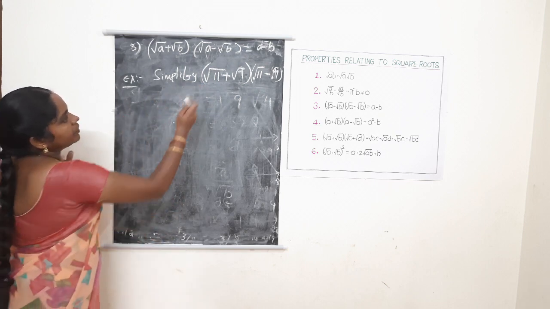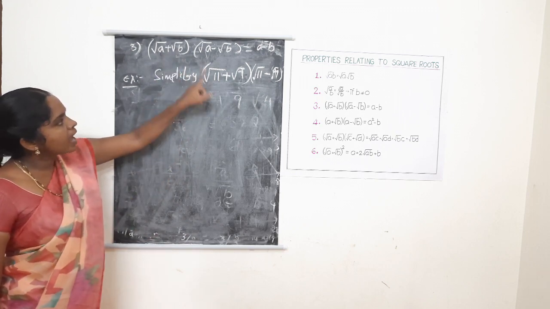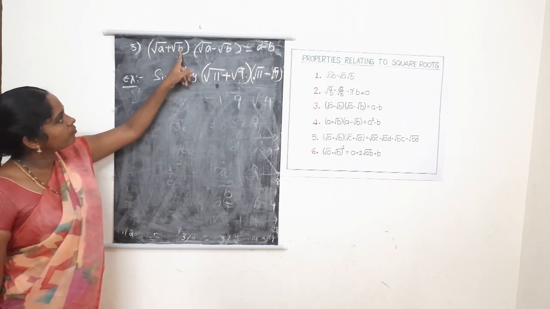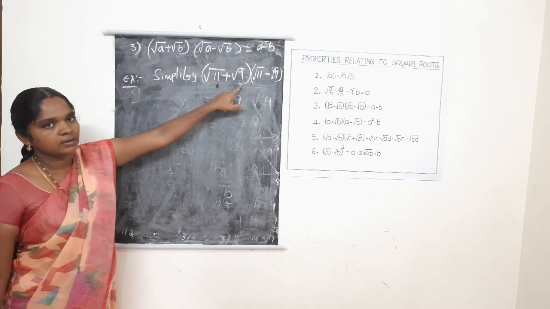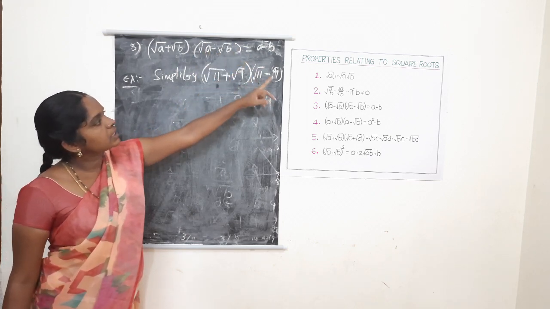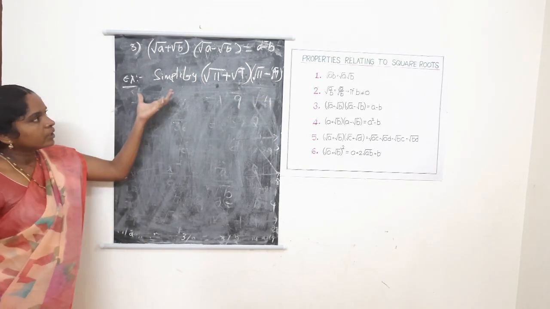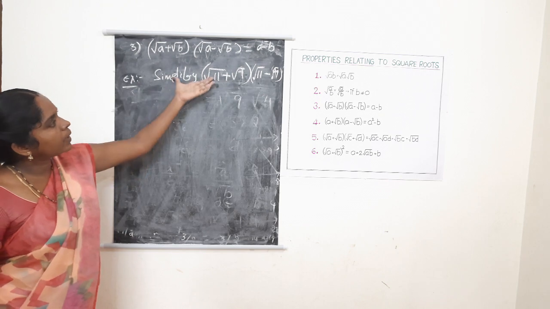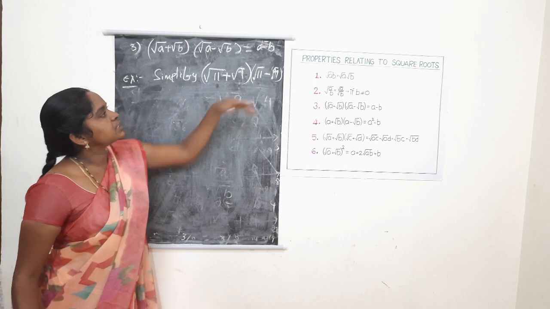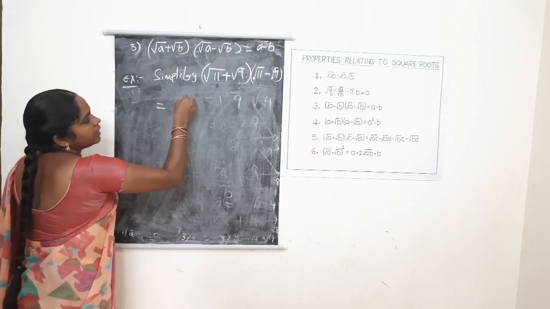So here the place value of a we have 11 and the place value of b we have 7. Now we can apply this formula, a minus b. So a is 11.